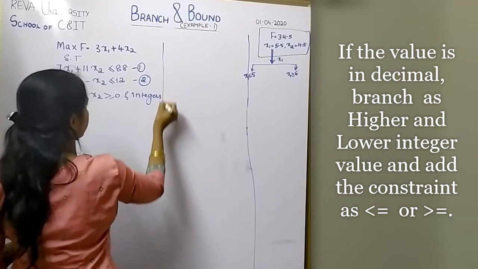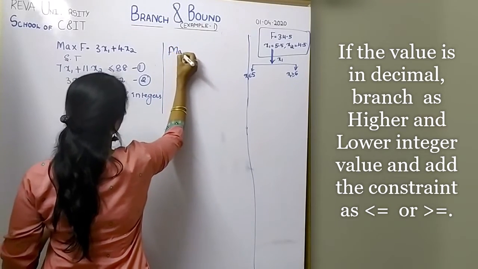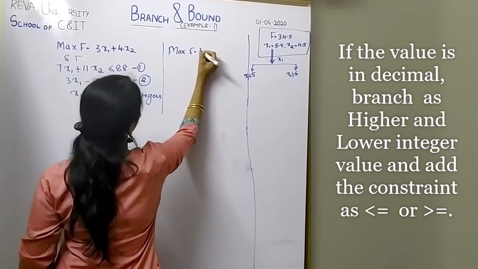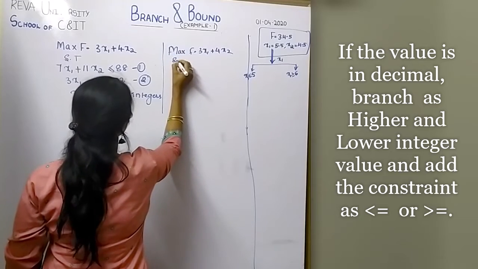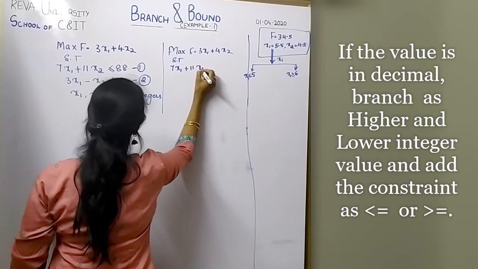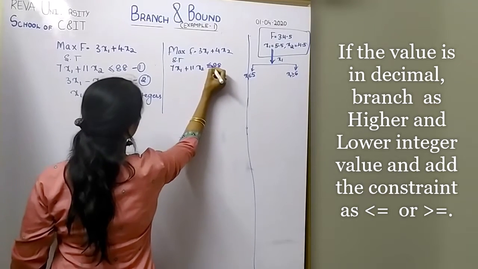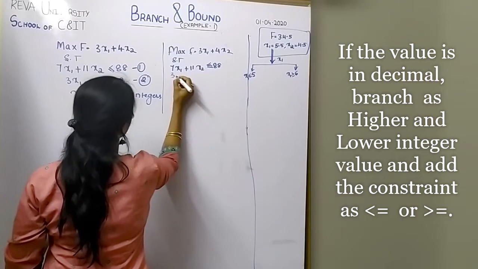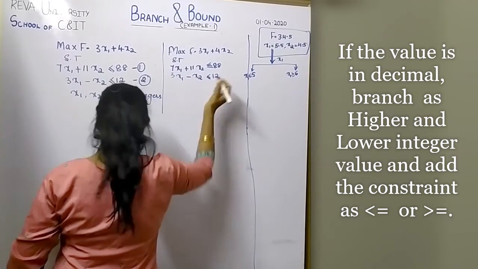So I'll write this again, max f is equal to 3x1 plus 4x2 subject to the constraints 7x1 plus 11x2 less than or equal to 88, 3x1 minus x2 is less than or equal to 12.